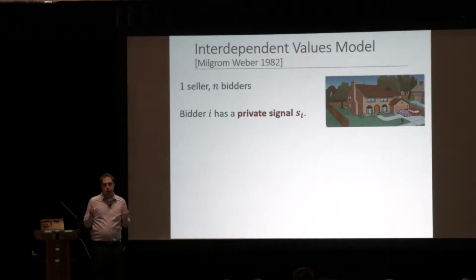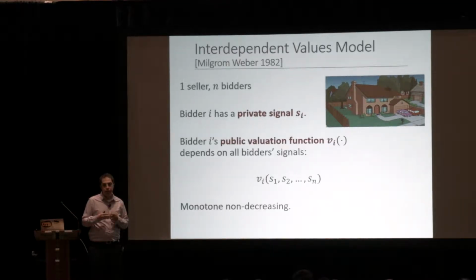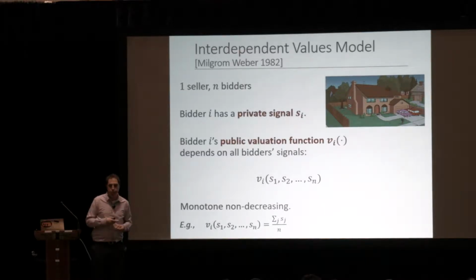And you can think about it as a real number. So the signal is private, but the valuation function that he has depends on all the information, on all the inspections of all the players. And this is public. This is known to the seller. And it's monotone, non-decreasing. As a concrete example, we can think about just taking the average of the signals. This is just a simple example.